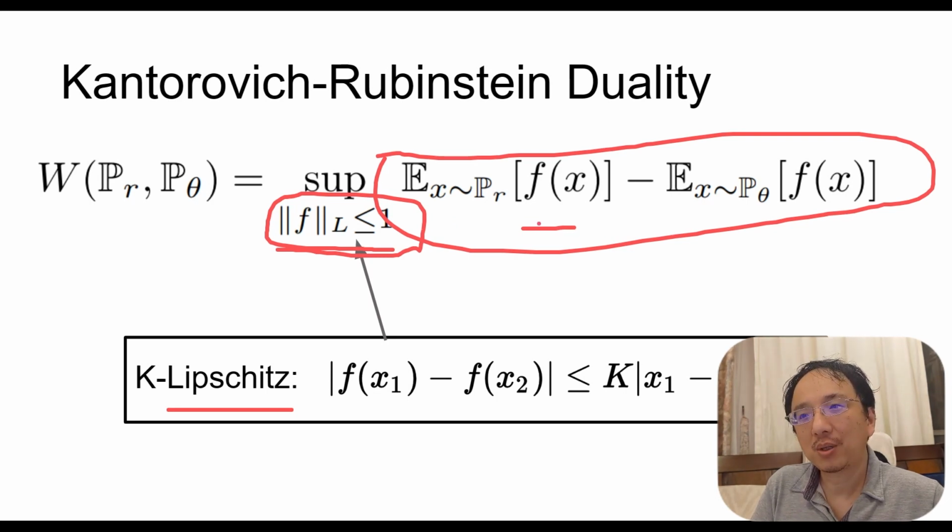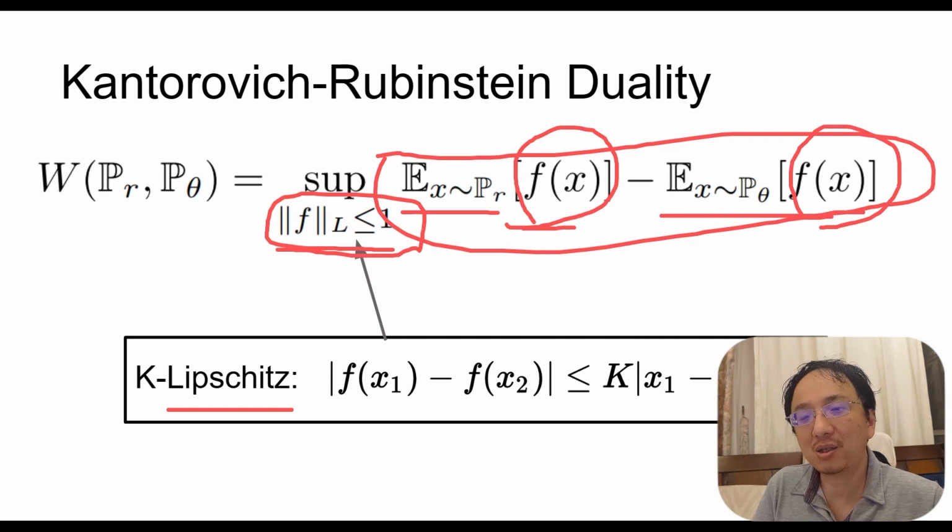We are going to compute the expected value of f of x using the first distribution, and the expected value of f using the second probability distribution. The idea is to find an f so that the expected value under the first distribution is as different as possible from the expected value under the second distribution.